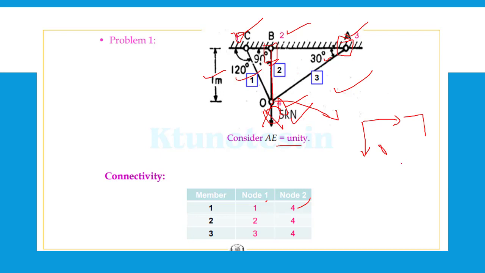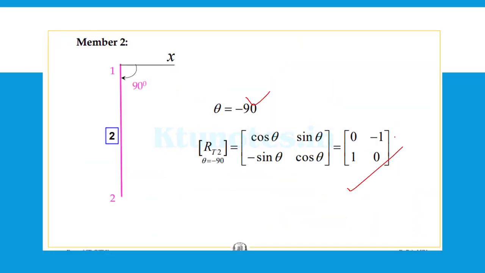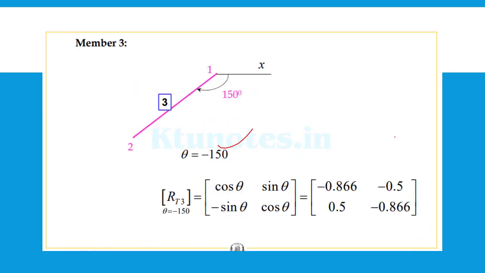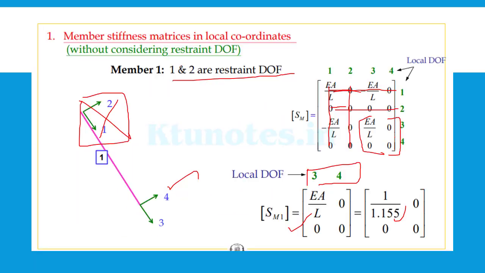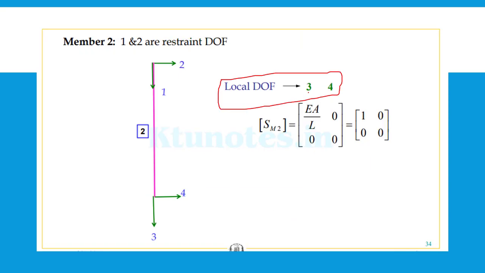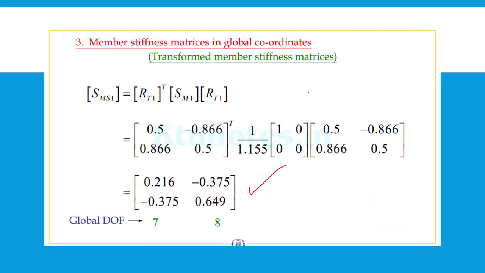And in the global coordinate, this value will be 7, 8. Hence, the values are correspondingly added, because you know very well that the deflection happens only at the tip, point O, due to member 1, member 2 and member 3. So you should just add it up to get the final matrix.